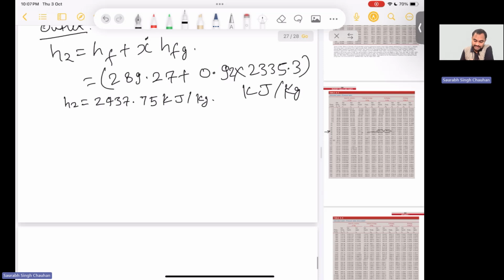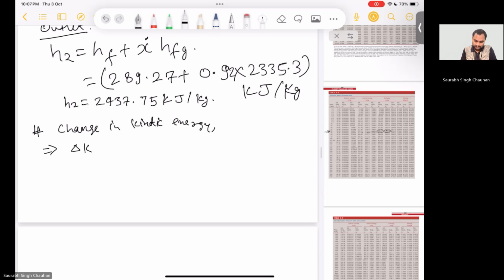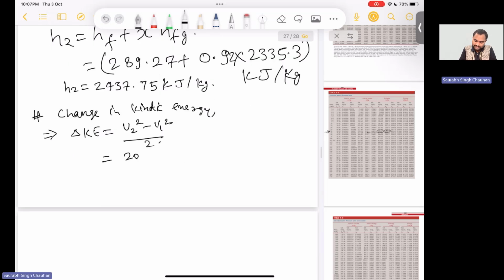We have velocities at inlet and at outlet, so you can find the change in kinetic energy. At outlet velocity was 50 meter per second, and at inlet velocity was 80 meter per second.